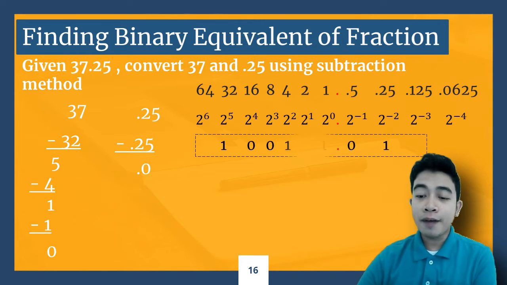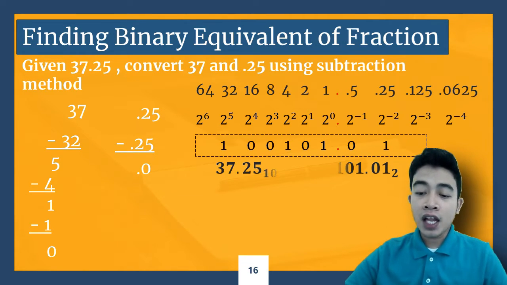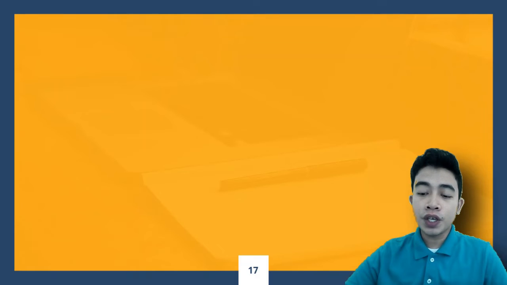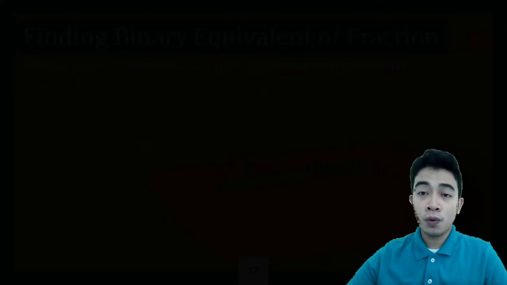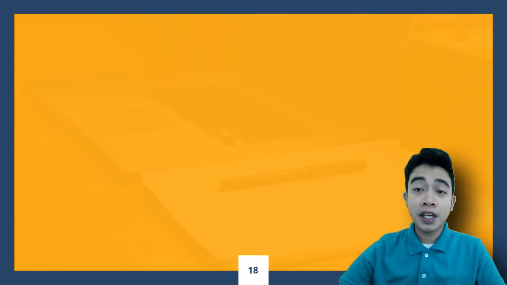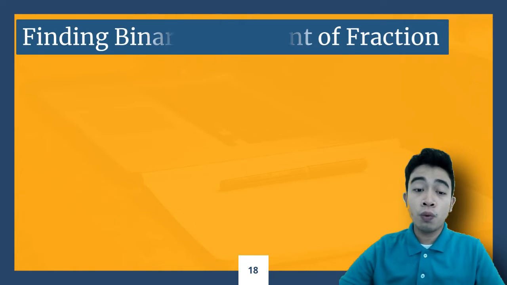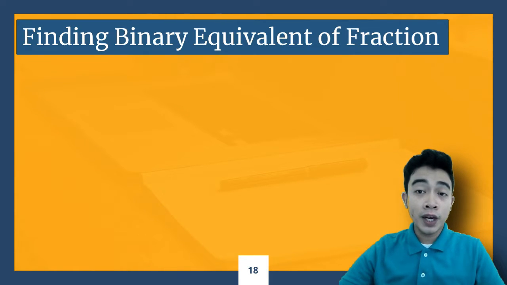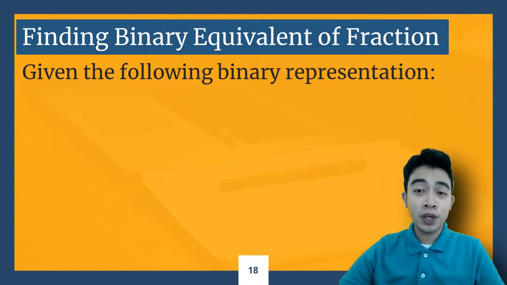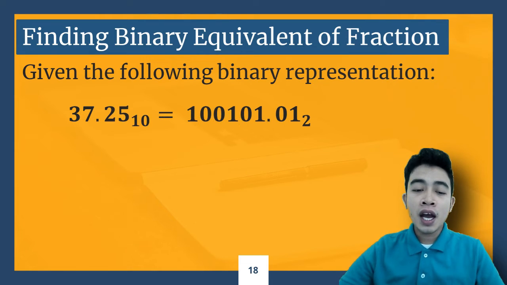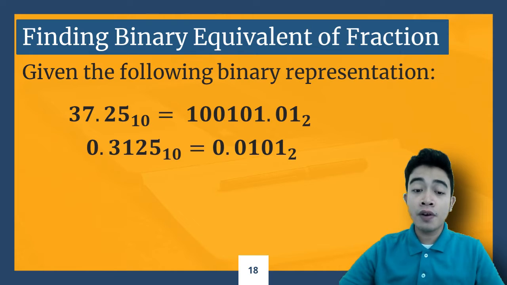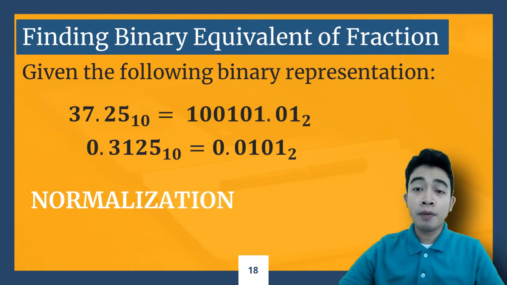For 37.25, the value is 100101.01. Given the following binary representation, 37.25 equals 100101.01, how can we represent the whole and fraction part of the binary representation in 4 bytes?